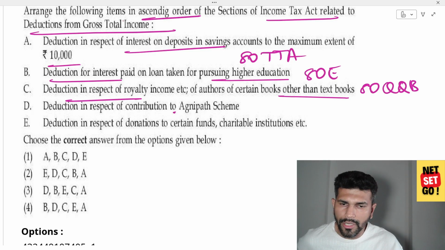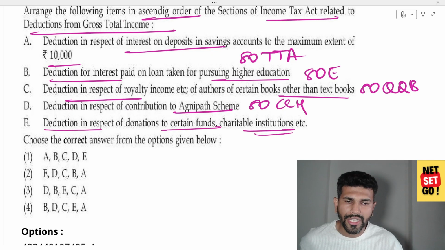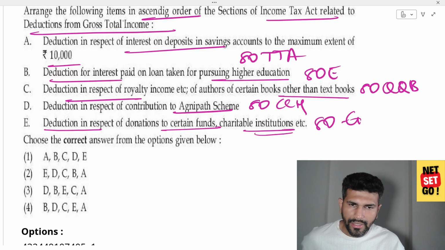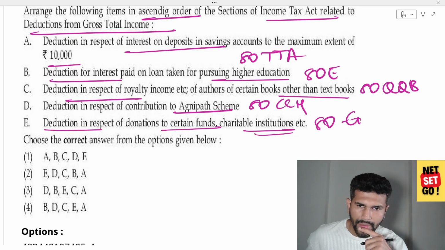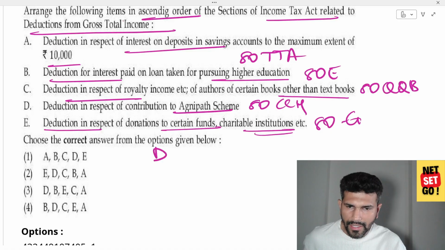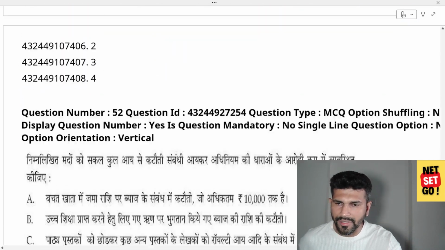Deduction in respect of contribution to Agnipath scheme, 80CCH. Deduction in respect of donation to certain funds or charitable institutions, 80G. So the correct ascending order starts from D, DBECA. Option 3 is the correct answer.